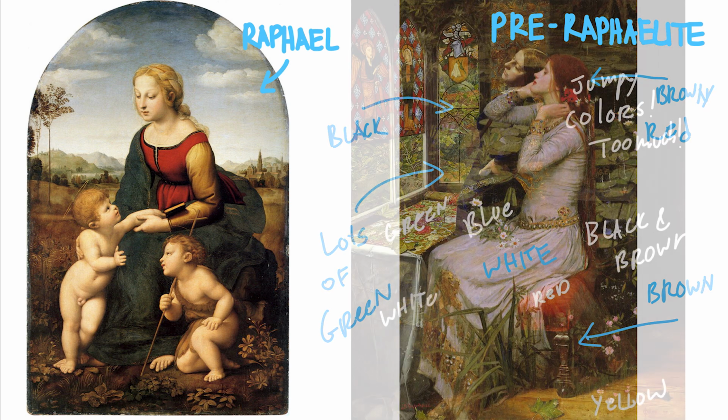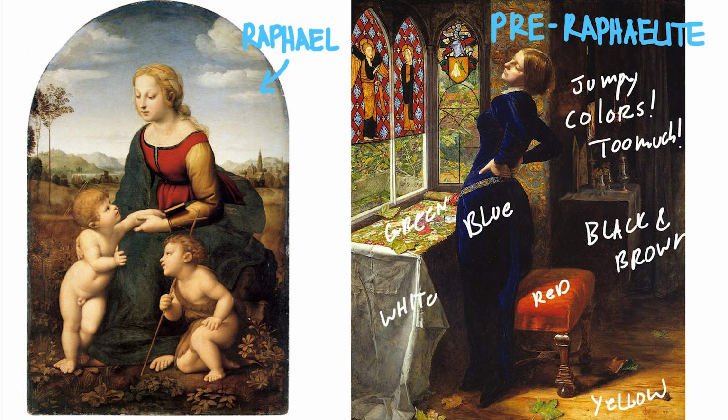So now, this painting is another great example of what I mean by a lot more jumpy colors in Pre-Raphaelite paintings, and it's another one by John Everett Millais, which is Mariana, and that one is really jumpy. So we can definitely also categorize the colors into a more limited color palette, but if you look at this painting, there's a lot of variety of different colors, so it's really jumpy.